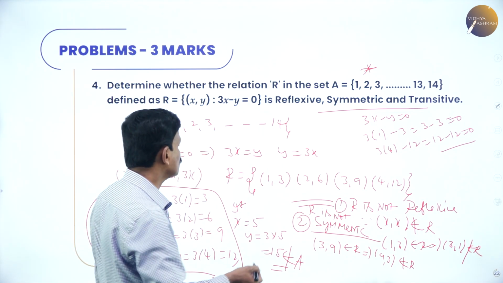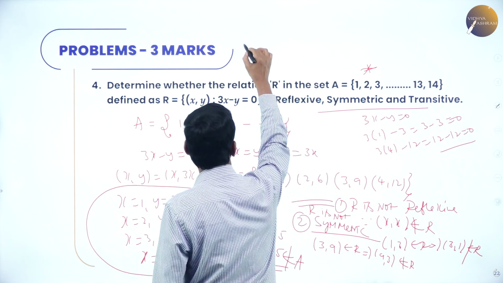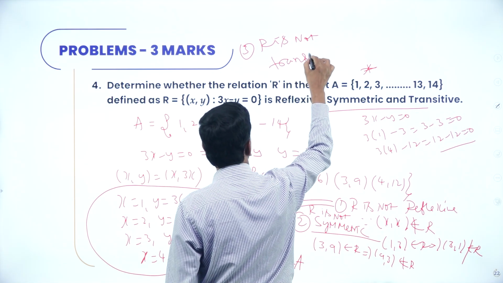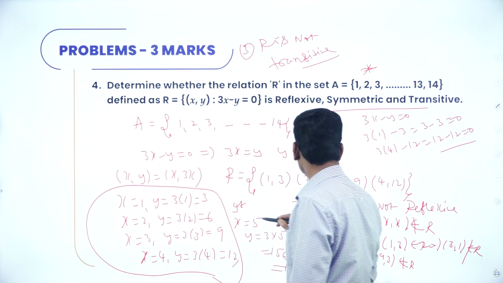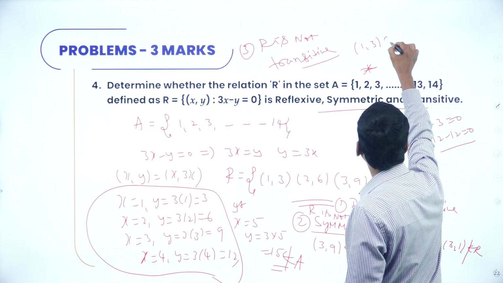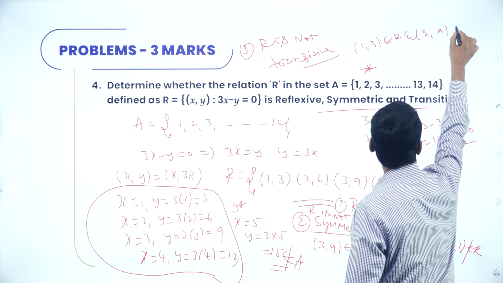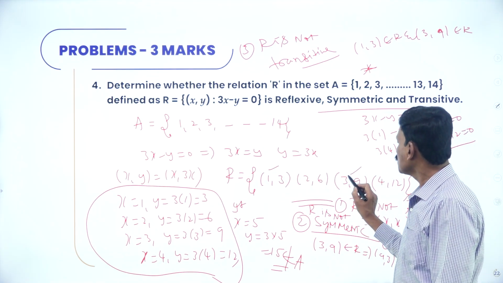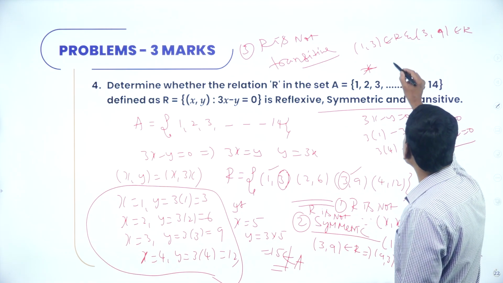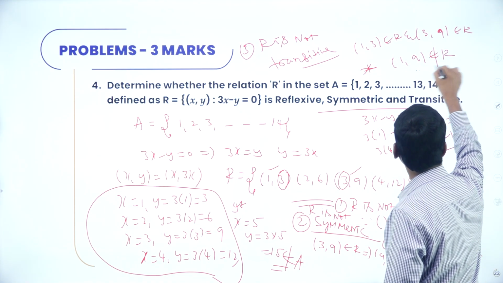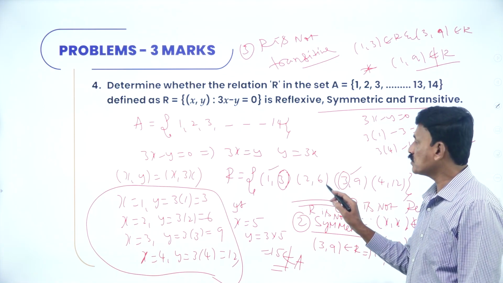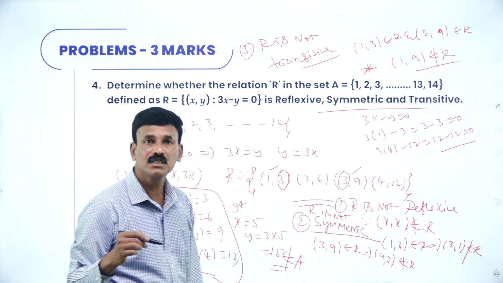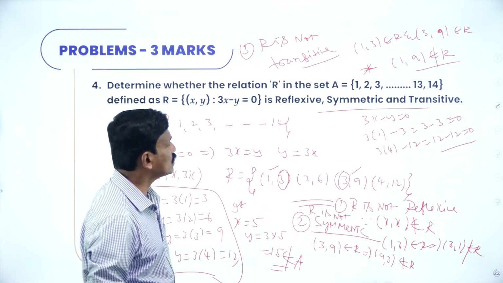And last one is the transitive. Verify transitive here. Third one, R is not transitive, because let us take this: (1, 3) belongs to R and (3, 9) also belongs to R, but (1, 9) does not belong to R. (A, B) belongs to R and (B, C) belongs to R, but (A, C) does not belong to R. Therefore, this is not transitive.